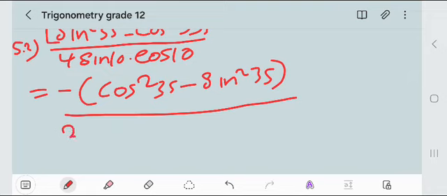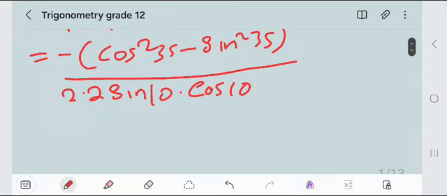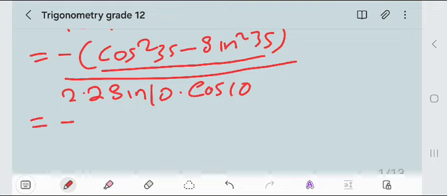I can say 2 times 2, then here I have sine 10 multiplied by cos 10. So on the top, what is this? It's a double angle of cos. It's the same as negative cos. You add that, it will be 35 plus 35, 70, then we have 2 times 35 which is 70 degrees.